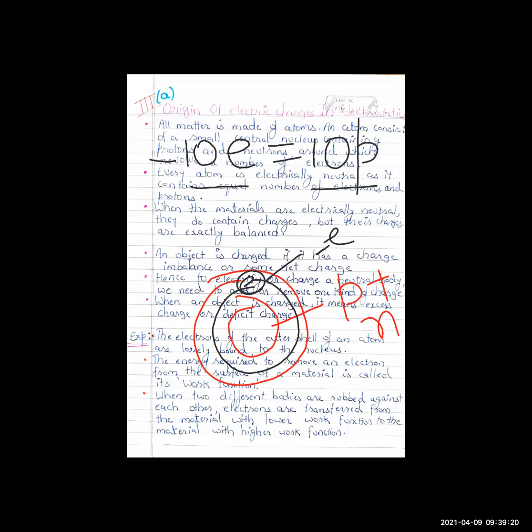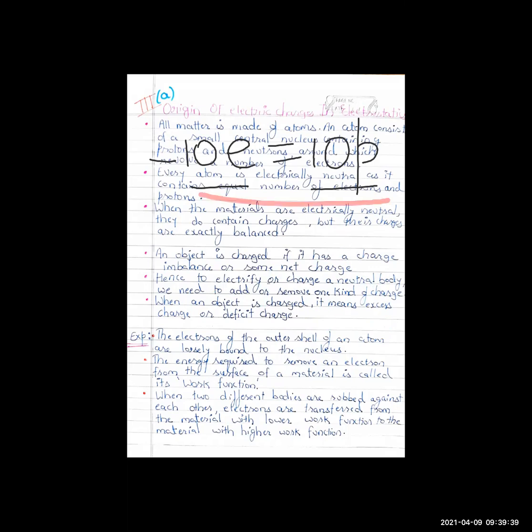But once we say, children, that the object is charged, then what does that mean? It means that the electrons and protons are not equal. There is an imbalance between the number of electrons and protons, right?